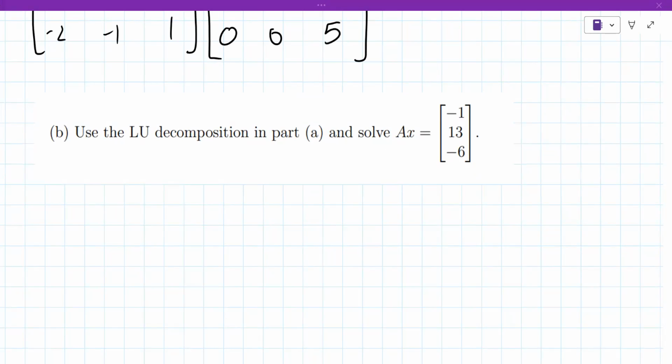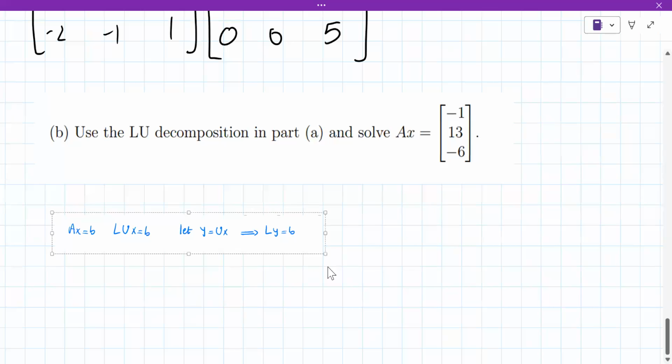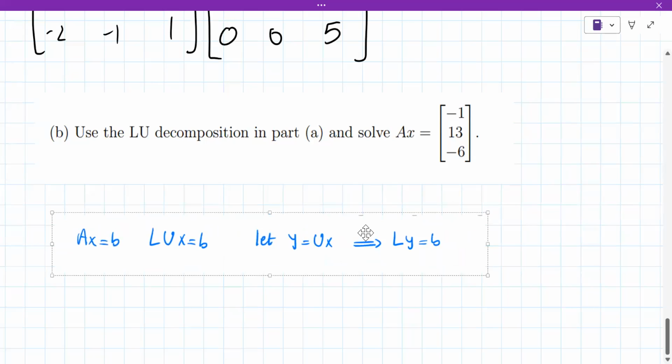Now the way to do it, and this may not make much sense, but we'll do this one. So you set AX equal to B, and this is your B right here. And what that means is if you take LU X equals B and Y equals UX, then LY equals B.